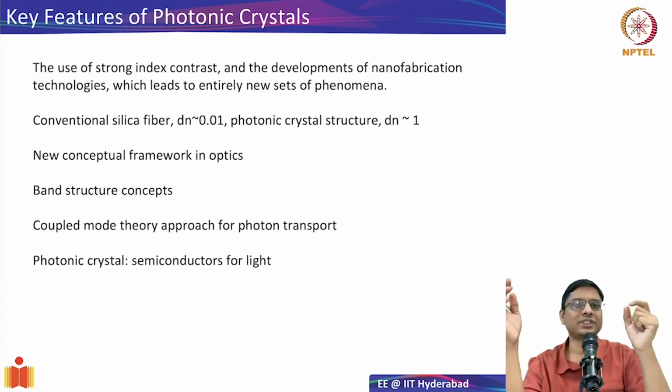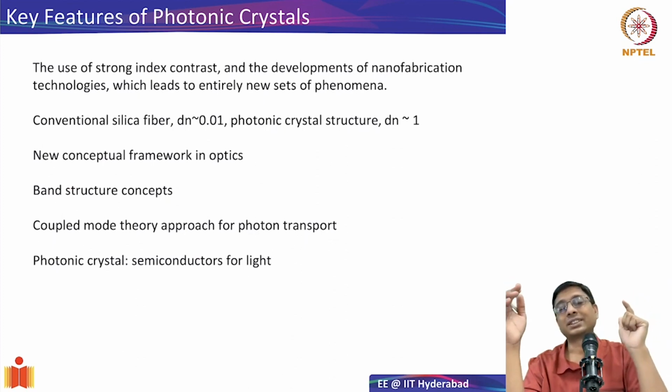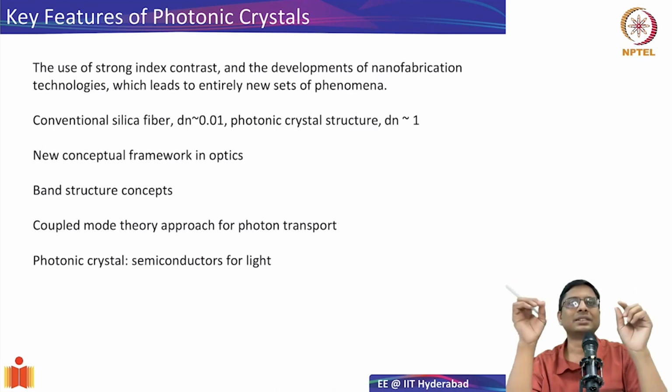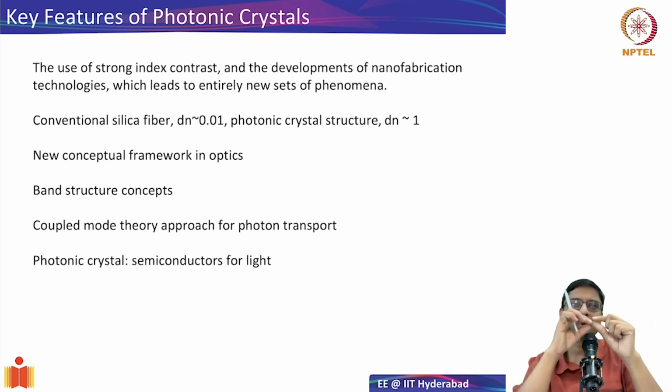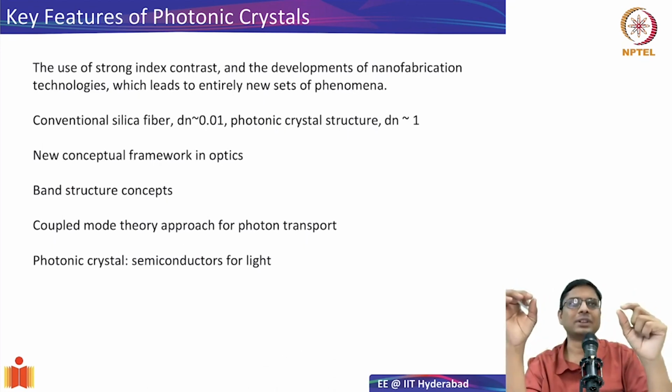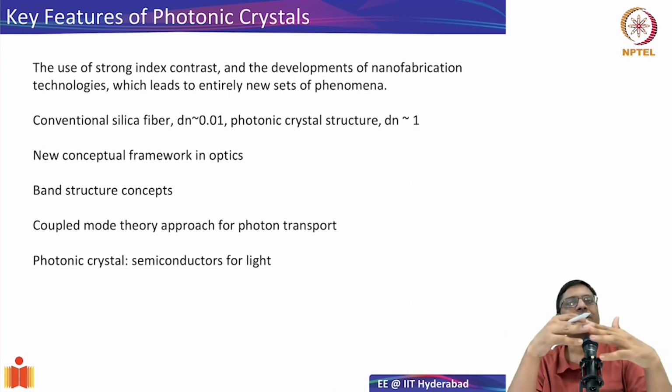One of the key features is we should have a very strong index contrast to actually observe these band gaps. Otherwise you would not see it. And this is in a way different to what you would have seen in a conventional fiber, wherein the difference between the index of the core and the cladding is very, very small. But in the case of photonic crystals, we want it to be as large as possible, and we can analyze them using concepts very similar to what we use in electronics.